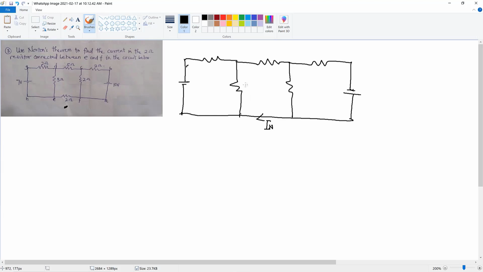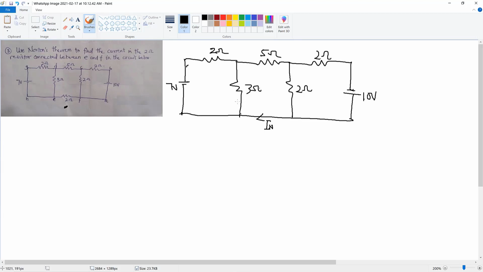This is a 3 ohm resistor, a 2 ohm resistor, 5 ohm resistor, 2 ohm resistor, and another 2 ohm resistor. Then we label our voltage sources 7 volt and then 10 volt.